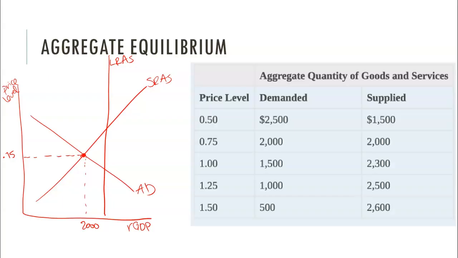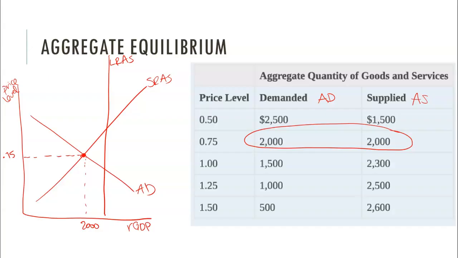We can look at that on this table as well. So we're going to have some different price levels. So here we're going from 0.5 all the way to 1.5. And then we have our aggregate quantity of goods and services both demanded and supplied. So this is aggregate demand, this is aggregate supply. And basically what you want to do is find where these two values are the same at a particular price level.